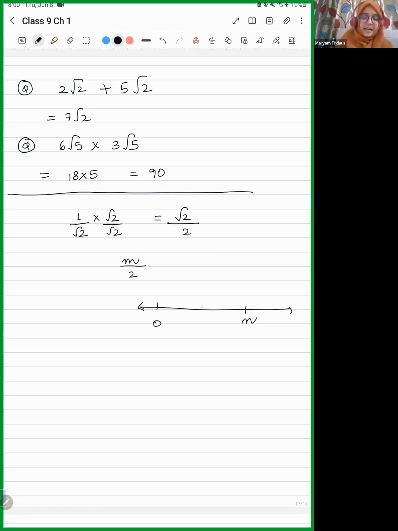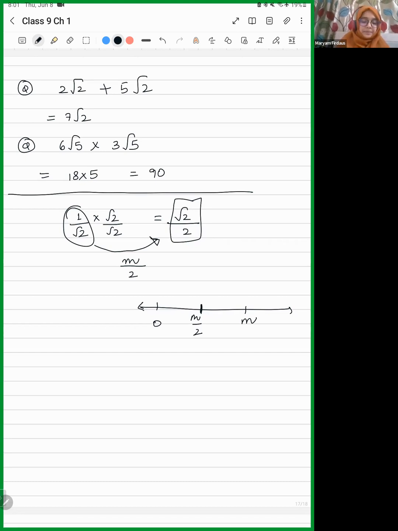So it's exactly halfway between 0 and m. Now we have already seen how to show root 2 on the number line. Yes, ma'am. So we can show root 2 by 2 also. In this way, we can easily show this number on the number line, and that is more or less the reason why we rationalize the denominator.